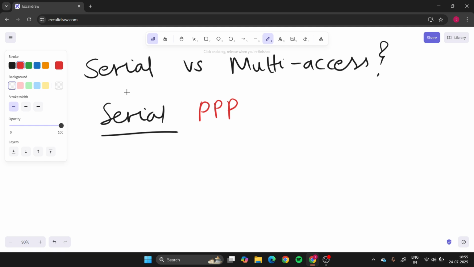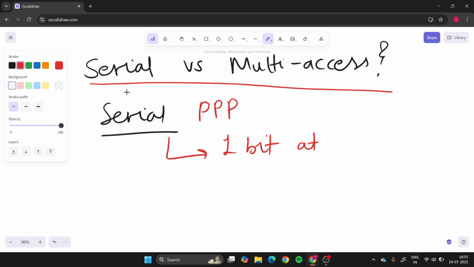So here the data is transmitted one bit at a time. These are basically the types of how you transmit data, how it is accessed, how it is transmitted. So in PPP, data is transmitted one bit at a time over a single channel, over a single wire, and only one data line is used for transmission.